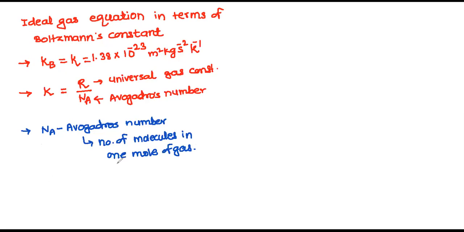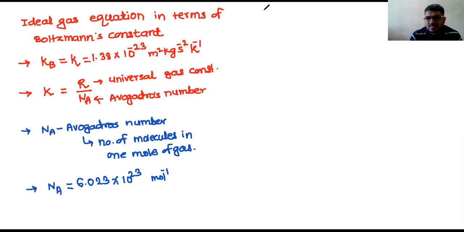If we want to know how many molecules are present in 1 mole of gas, then its value is 6.023 into 10 to the power 23 molecules. That's why I am saying per mole. Per mole means in 1 mole this many molecules are present in that gas. Understood? That is what Avogadro's number means.